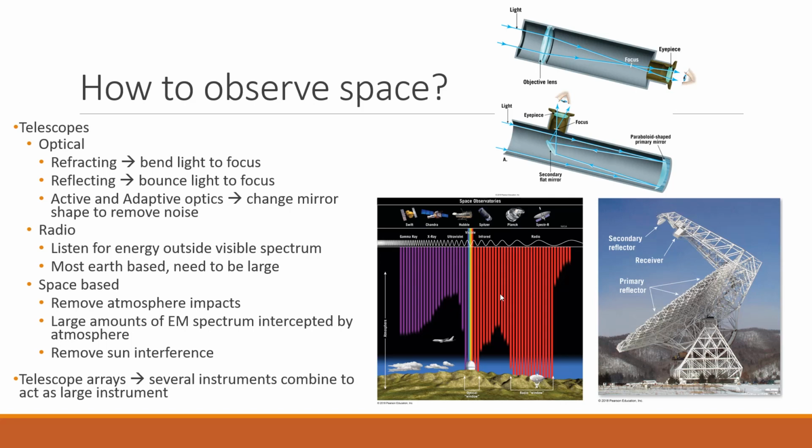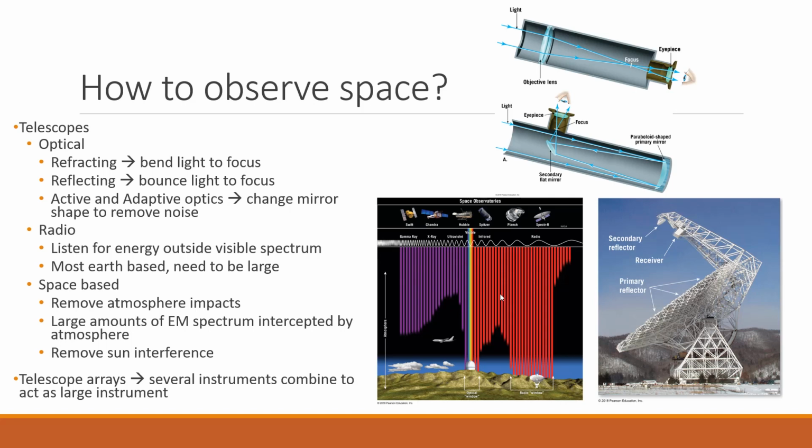We also can remove sun interference with these space-based instruments, so that we don't have the sun's impacts. Space-based instruments, by their nature, can only be a certain size, though, because we can only send such sized things into orbit. The bigger they are, the more difficult it is to send to orbit. They're also more difficult to maintain.